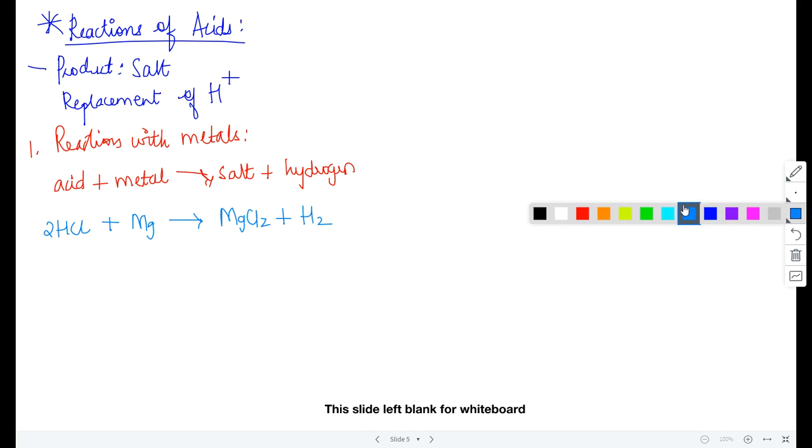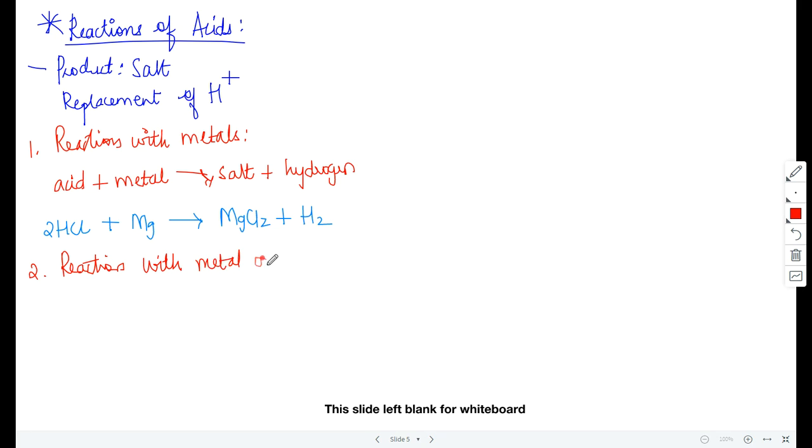Now the next reaction of acids is with metal oxides. Whenever we are reacting an acid with a metal oxide, what we get is a salt and water.